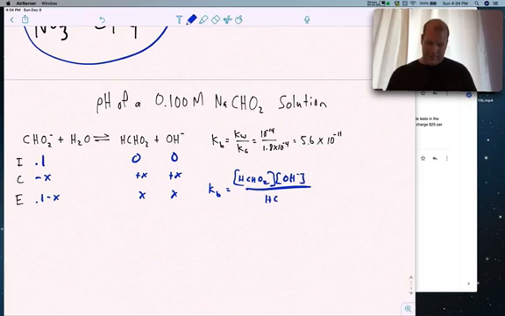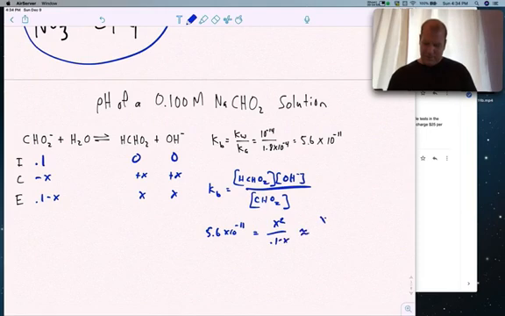I tend to put the H first. We know that Kb is 5.6 times 10 to the minus 11 equals x squared over 0.1 minus x, which is approximately x squared over 0.1.